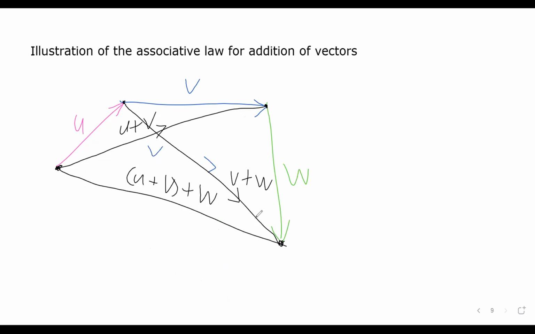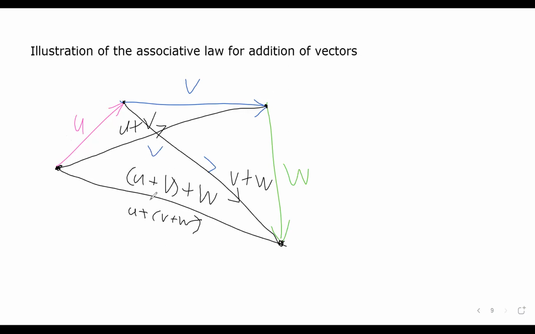But if you do v plus w and then u, then the same vector at the bottom is u plus v plus w. Okay, so you're technically adding v plus w first, but then in order to get there, you start at u. So you go u and then plus v plus w. See that? So first along the pink vector, then along the black vector, u plus v gets you to the same point as the black vector u plus the green vector v plus w.